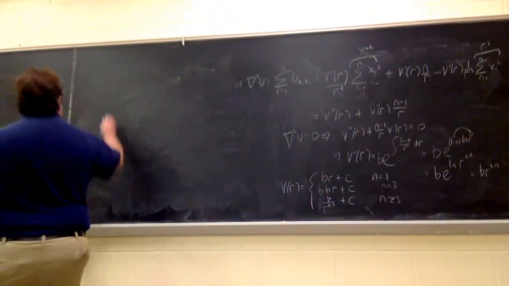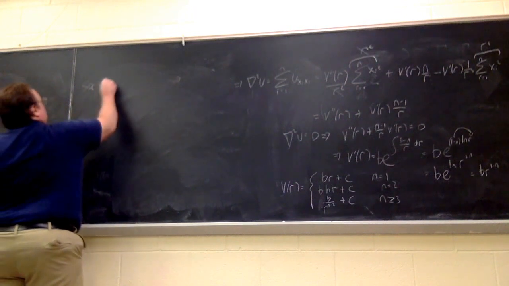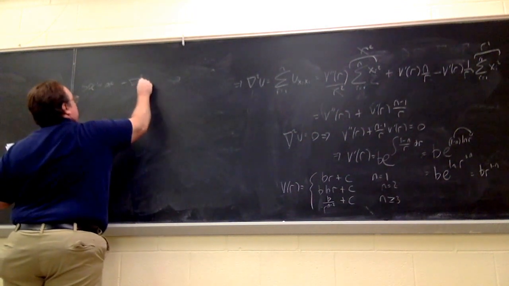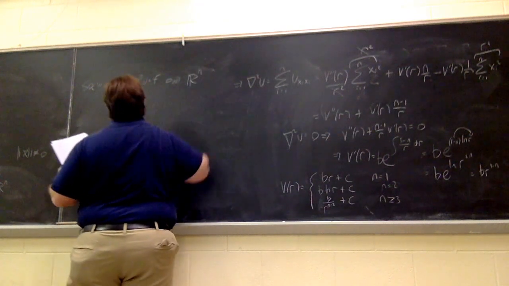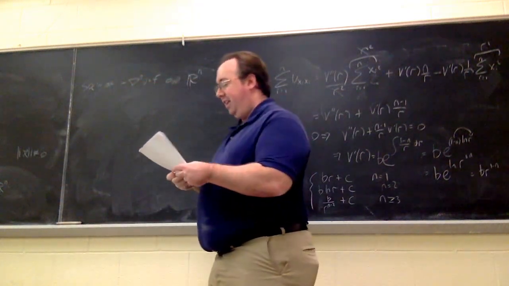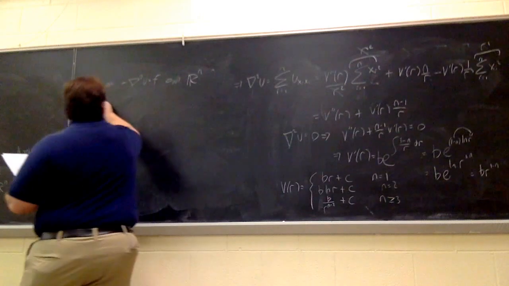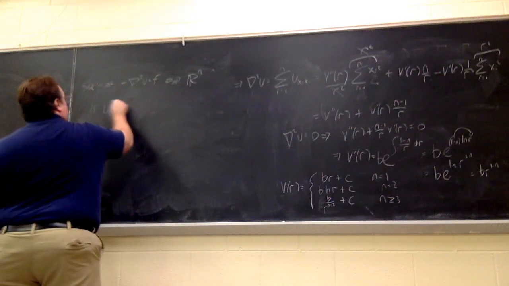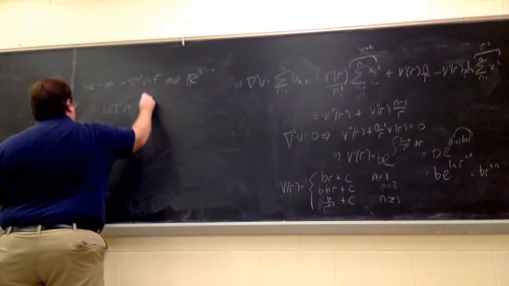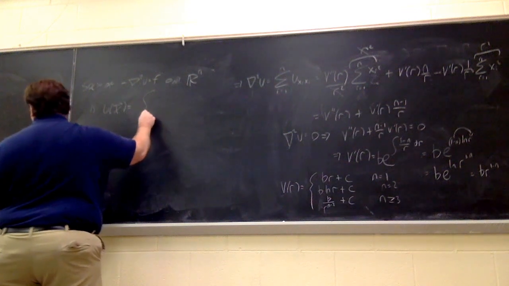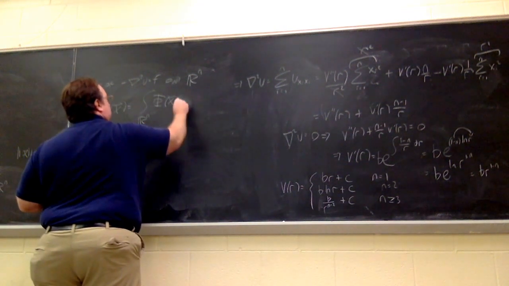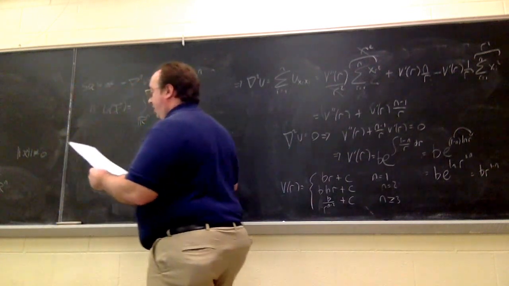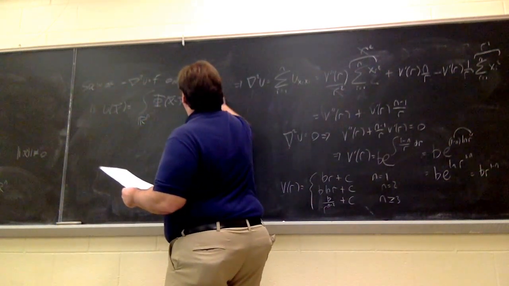Okay. So then the solution of Poisson's equation, the free space solution, so again, no boundary data, is given by the integral over R^n, and it's a convolution of your fundamental solution with your right-hand side.